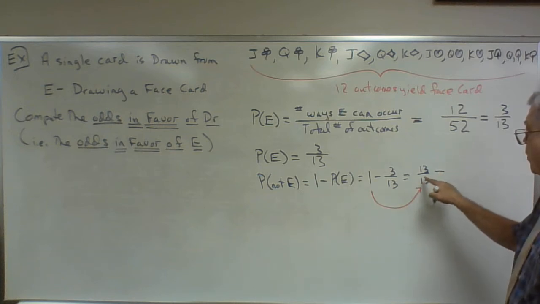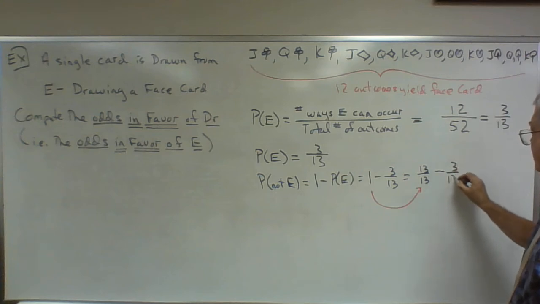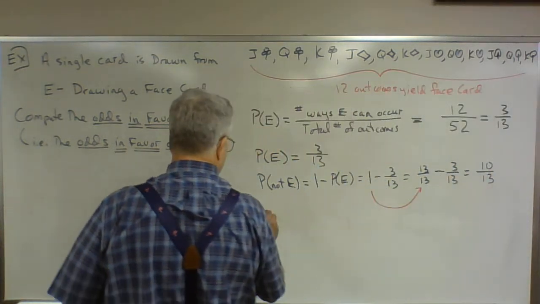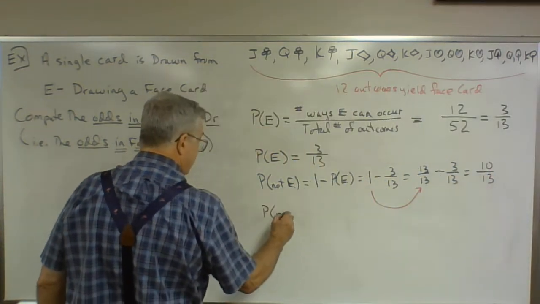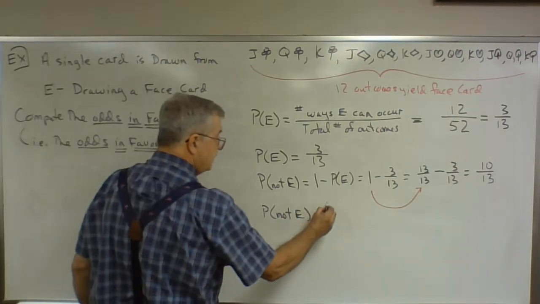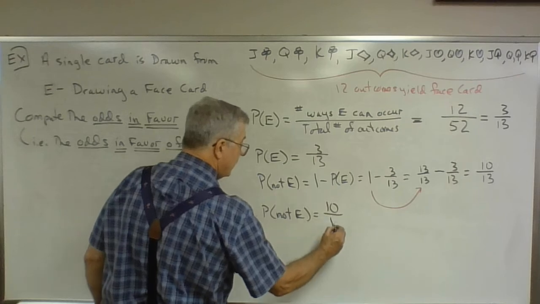So we have 1 minus 3 over 13, and that's 10 over 13. The probability of not E equals 10 over 13.